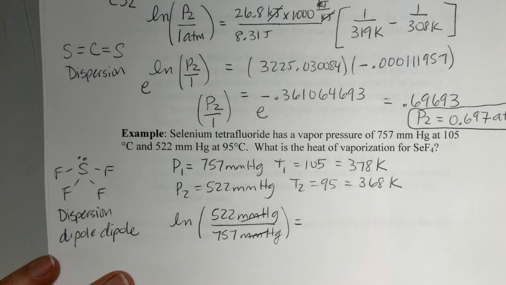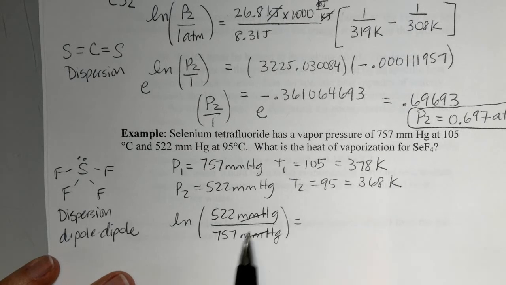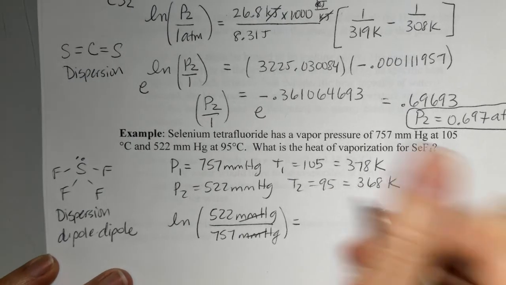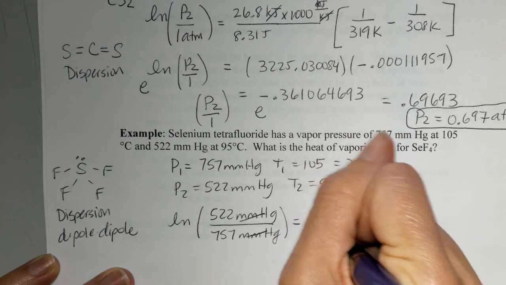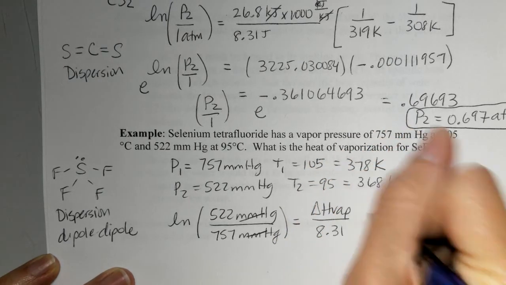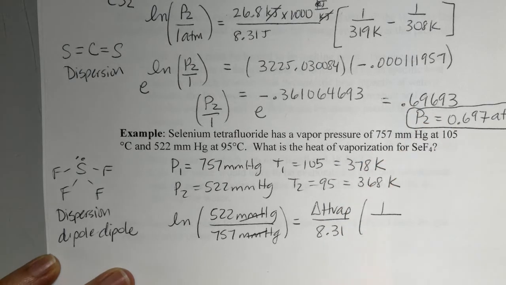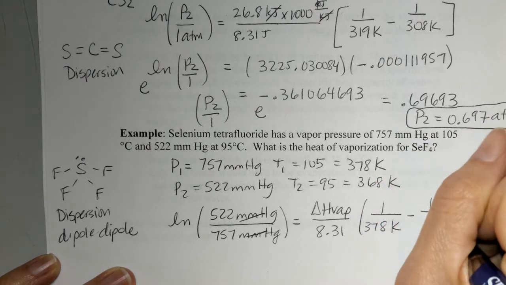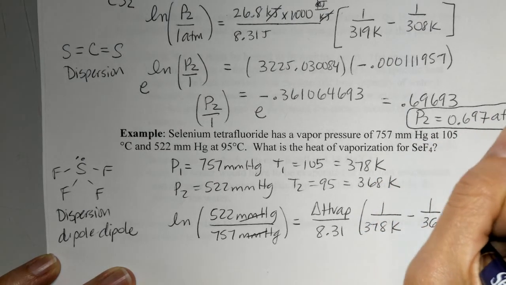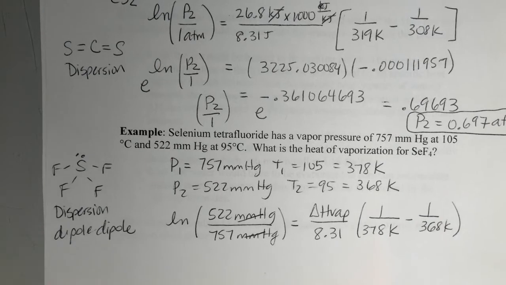And it doesn't matter if I'm in atm or torr or whatever, it's just the units have to cancel. And I'm solving for the heat of vaporization, that's going to be my x. Divide that by 8.31. And then I have the inverse of T1, so the inverse of 378, minus the inverse of T2, so 368.